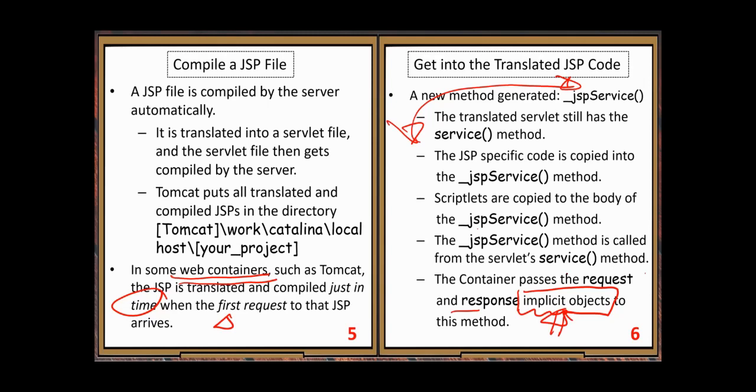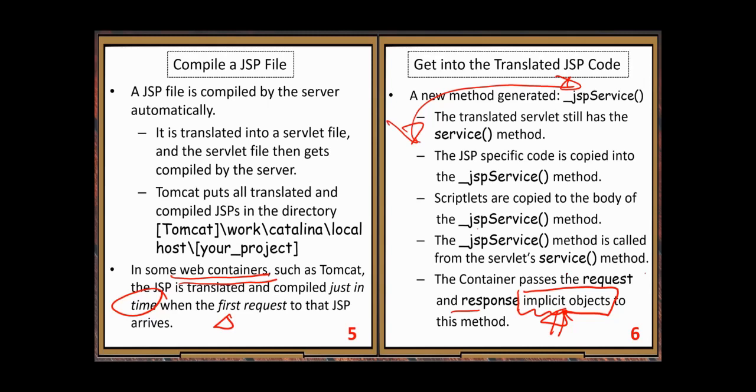This implicit object is another big concept inside JSP: implicit objects. From the name, you know they are implicit, not explicit. Usually the objects we use are explicit objects, but inside JSP there are implicit objects. The server will create those implicit objects.